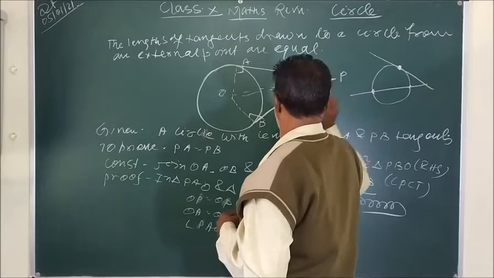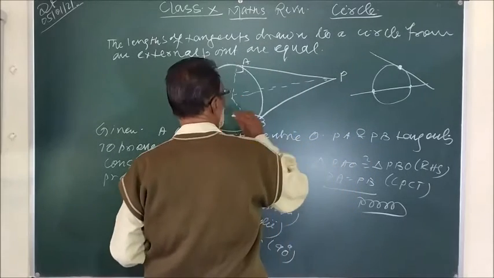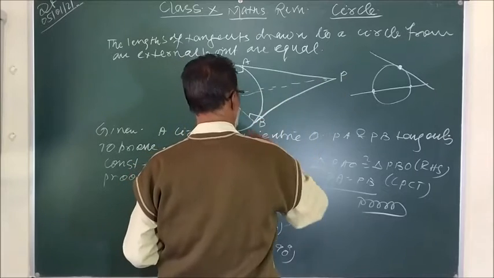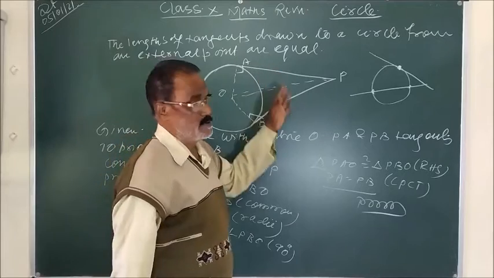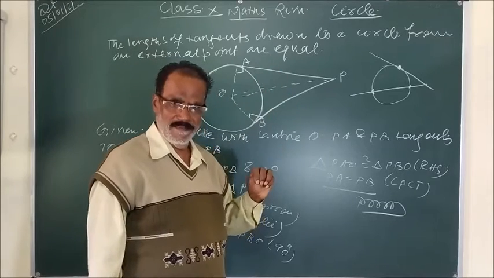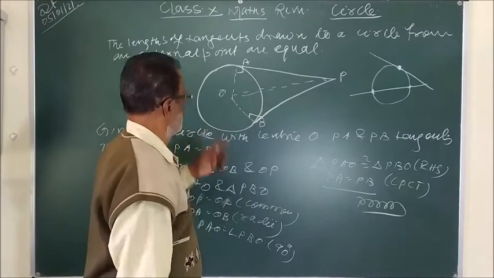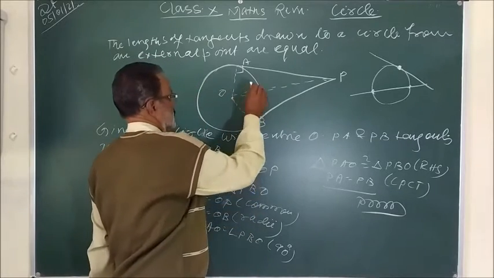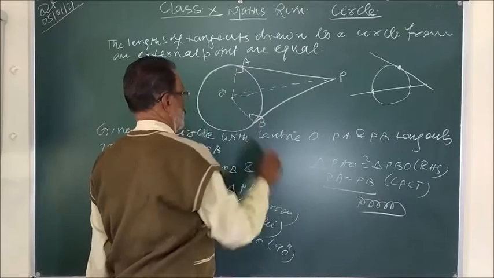So P is the external point for this circle, the center is O, and PA and PB are tangents. You have to prove PA is equal to PB. Whenever you do a construction in a theorem, you show it with dotted lines.